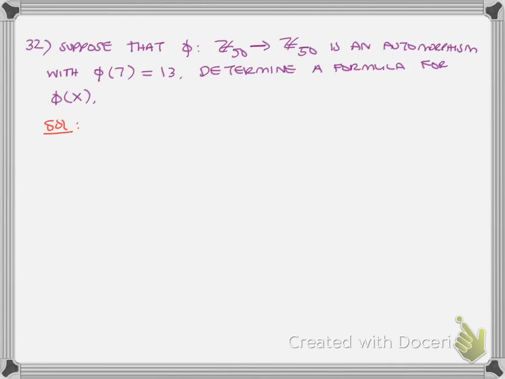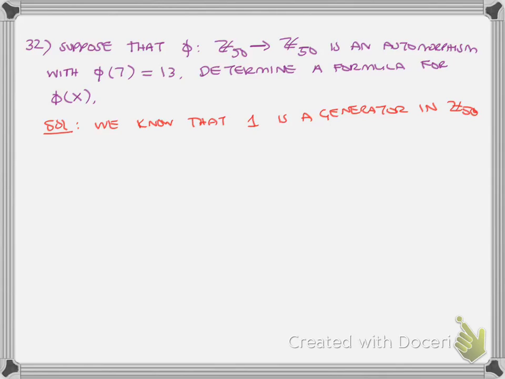And so because of that, we know that 1 is a generator in Z50, and in fact in Zn in general, right? 1 is a generator because it gives you the entire group back, right?